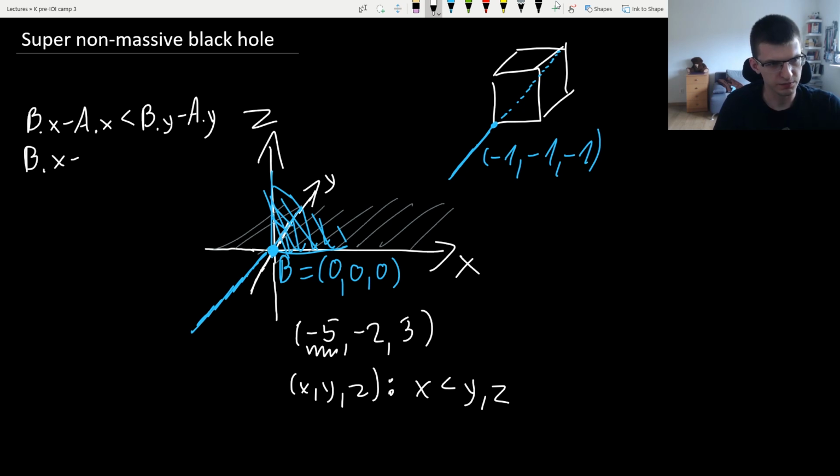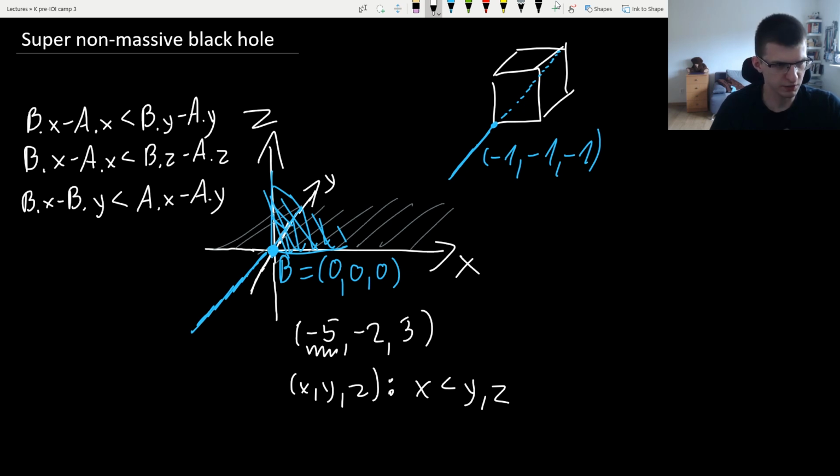And bx minus ax smaller than bz minus az. We cannot sweep over just some condition, but we can sweep after we compute some value by which we should sort every point. And we can get that from those inequations, because the first one transforms into bx minus by smaller than ax minus ay.